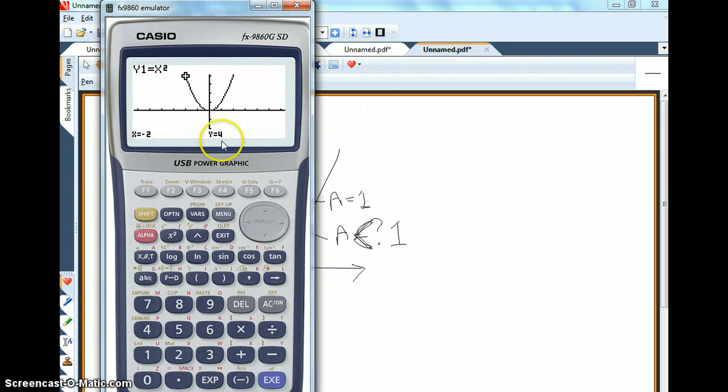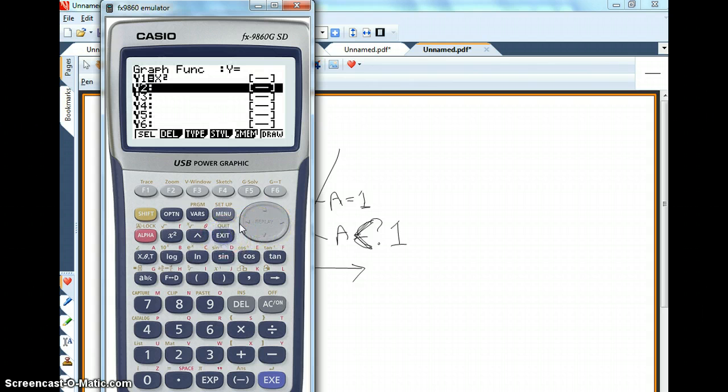So, -2, 4 is on the curve. 0, 0 is on the curve, and 1, 1 is on the curve, and so is 2, 4. Okay, if you have a graphics calculator, I want you to experiment by, say, choosing 2x squared, see what happens, hit execute. Also try, say, 0.5x squared, and see if you can identify what's actually happening.